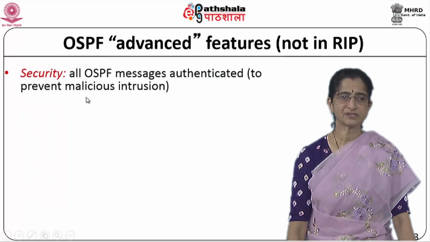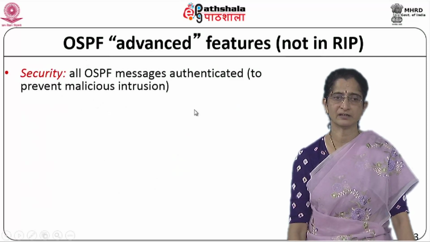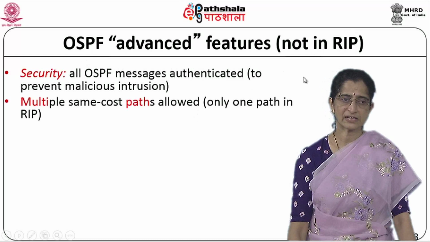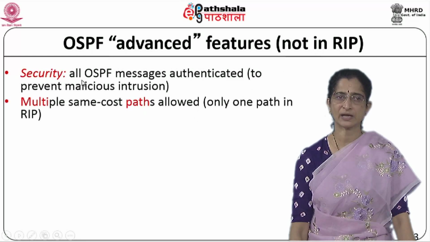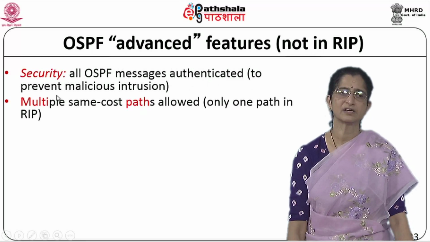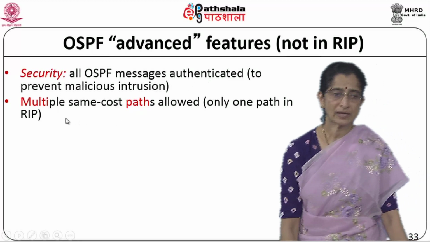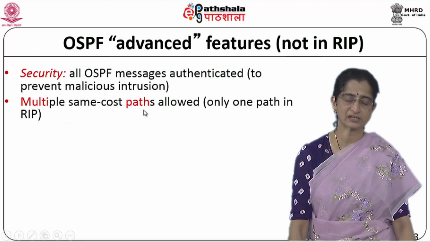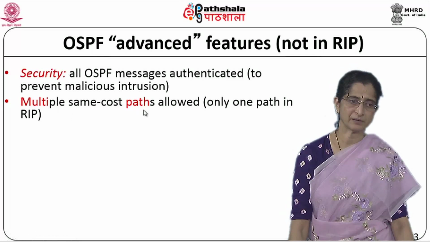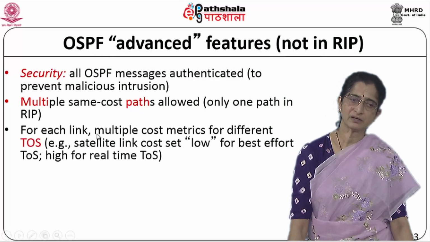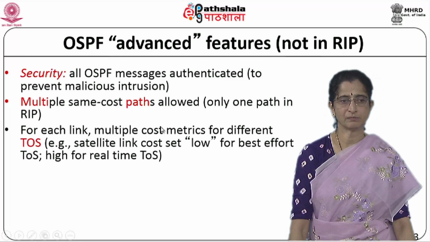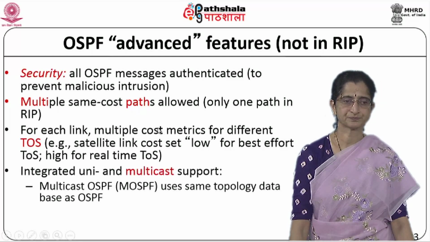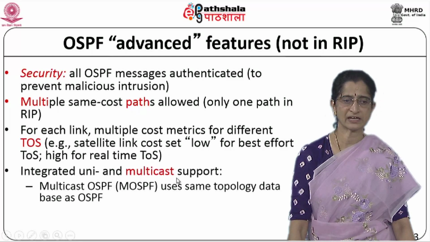Some advanced features in OSPF which are not there in the RIP protocol: as we saw, it has support for security, that is, you have authentication support to prevent malicious intrusion, and you have multiple equal cost paths that are supported. It is not there in RIP. We also have different cost metrics that can be used to support different quality of service, and you have integrated unicast and multicast support, which is also not provided in RIP.